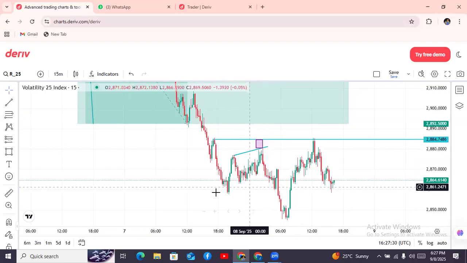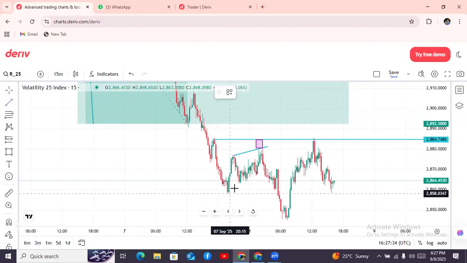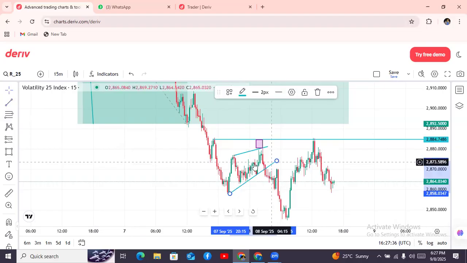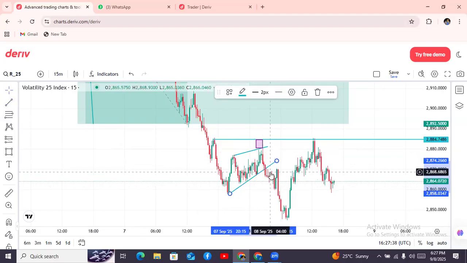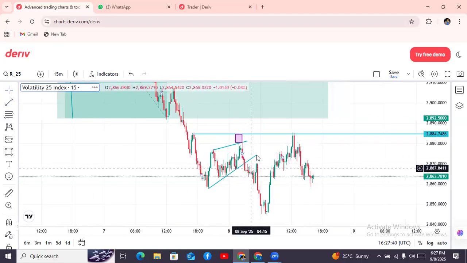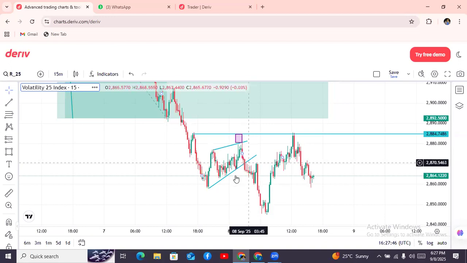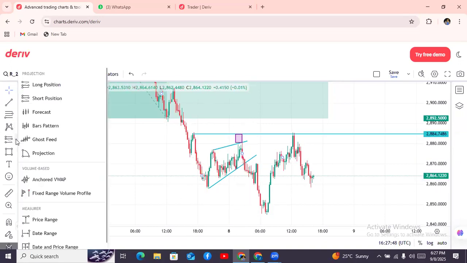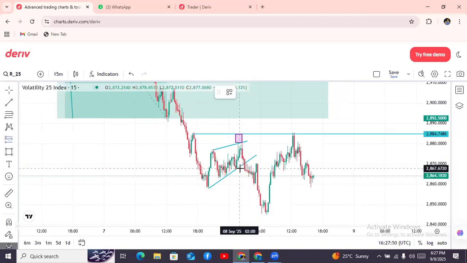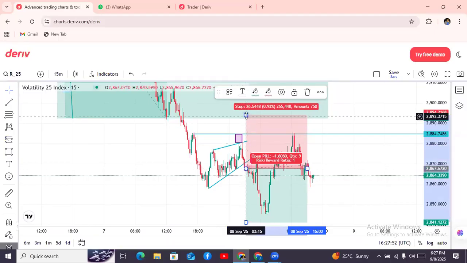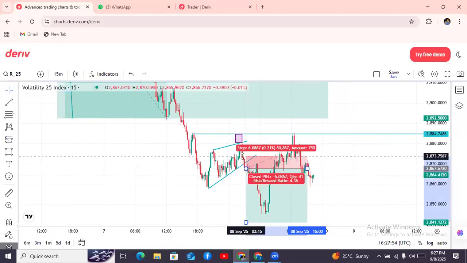But what we saw is price breaking through that level. So we found price today at that particular level breaking through this level and retesting that trend line. So we believed that it was going to sell, and it did.